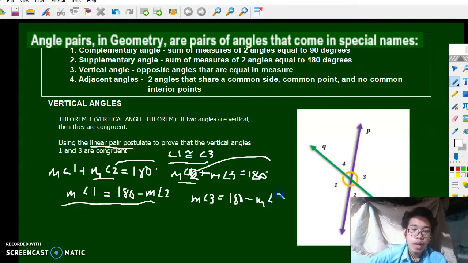So the measurement of angle 1 is equal to 180 degrees minus the measurement of angle 2, and the measure of angle 3 is also 180 degrees minus the measurement of angle 2.